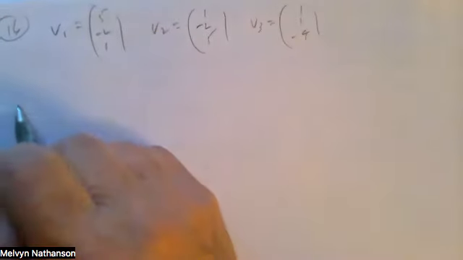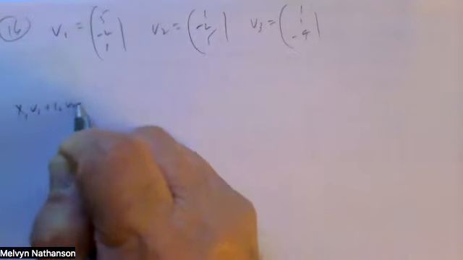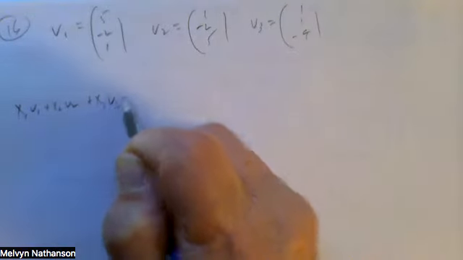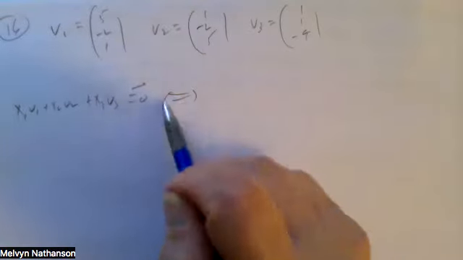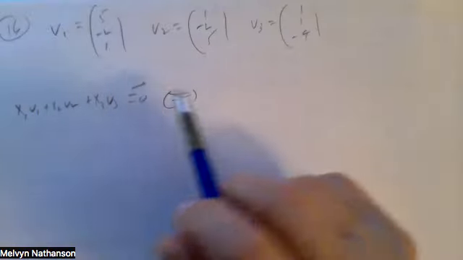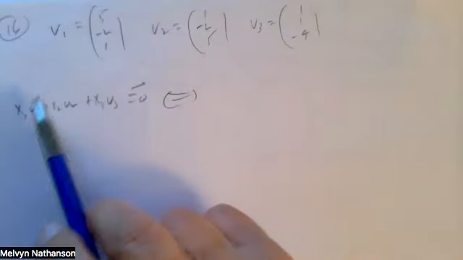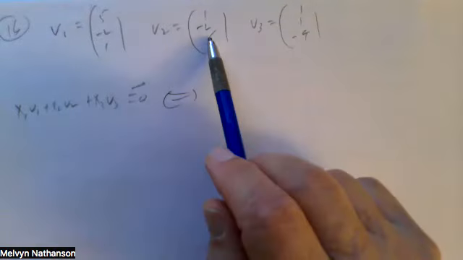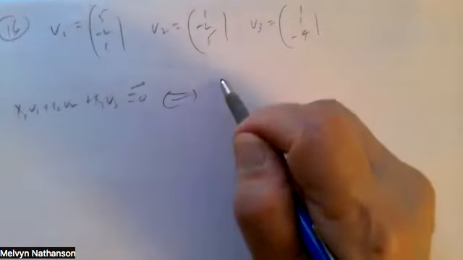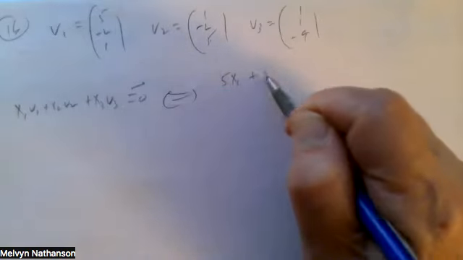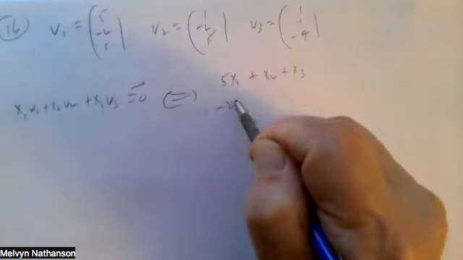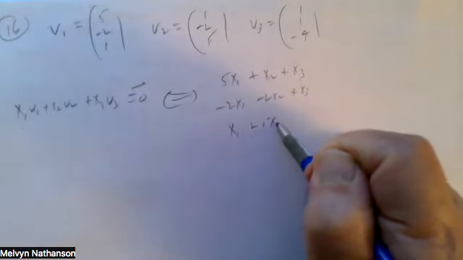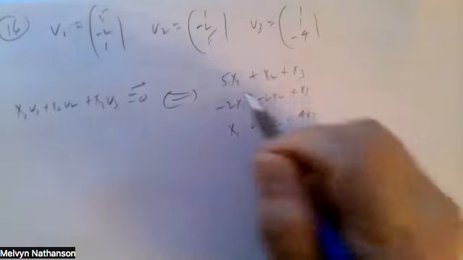And if we want to solve the equation x1 v1 plus x2 v2 plus x3 v3 equals the 0 vector, that's equivalent to saying that you multiply this vector by x1, this vector by x2, this vector by x3, you get 5x1 plus x2 plus x3, minus 2x1 minus 2x2 plus x3, x1 plus 5x2 minus 4x3.